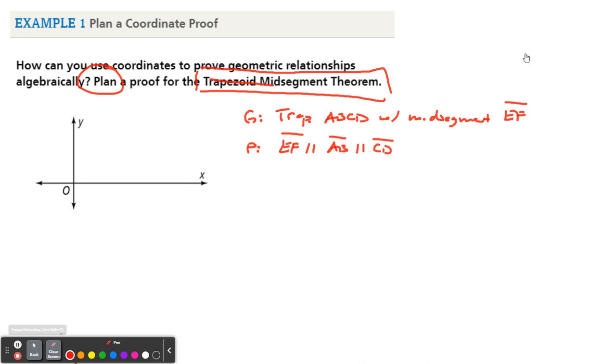I apologize. Don't let that mess you up. So please erase this. We're gonna make the top base AD and the bottom base BC, right? And we need to prove that EF is equal to half, or equal to the average of the bases. So AD plus BC divided by 2, right? That's our goal. This is the trapezoid midsegment theorem, very similar to the triangle midsegment theorem, but because there was only one base, it's parallel to the third side, half the length of the third side. Here we have to include both.